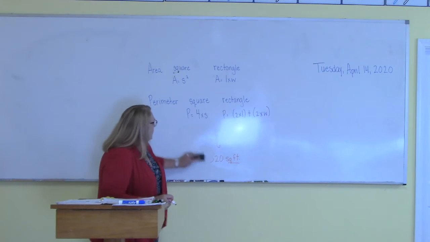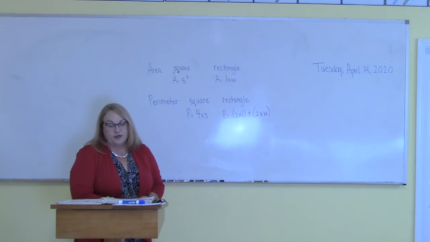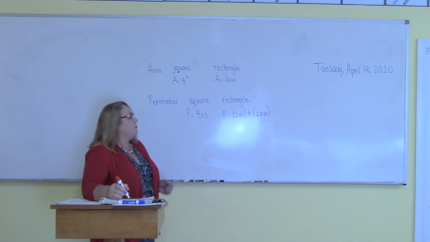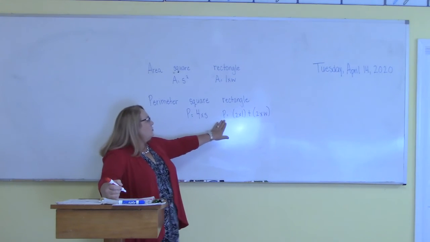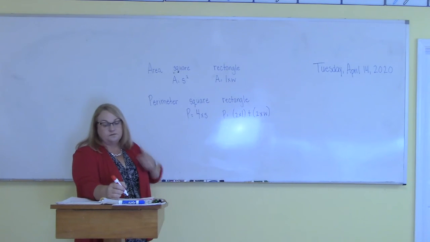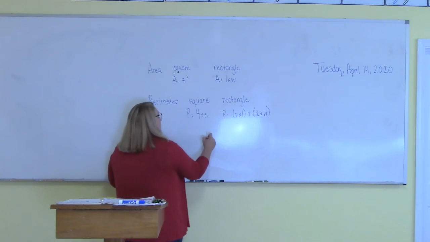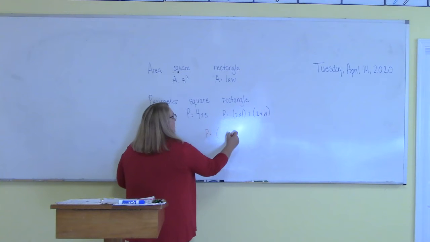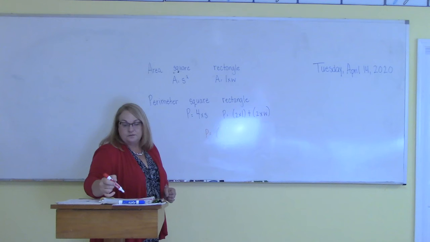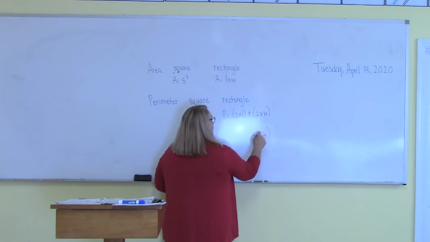Okay, let's look at number 3. This time you will be finding the perimeter of a square or a rectangle. So 3A, find the perimeter of a rectangle. Remember to use your formula. Perimeter equals 2 times the length plus 2 times the width. Your length is 20 feet. So you will have 2 times 20 plus your width is 16. 2 times 16.